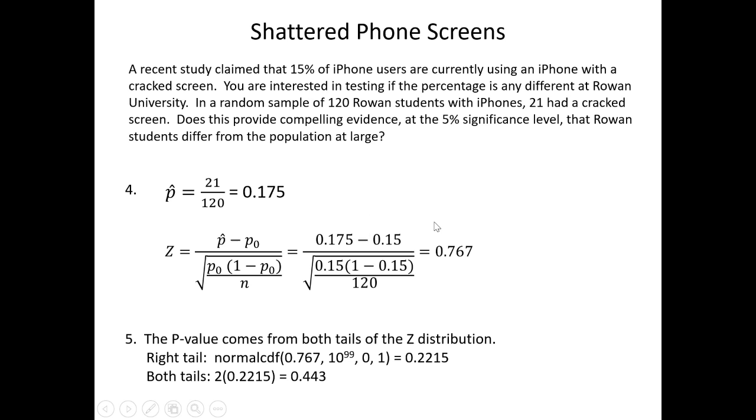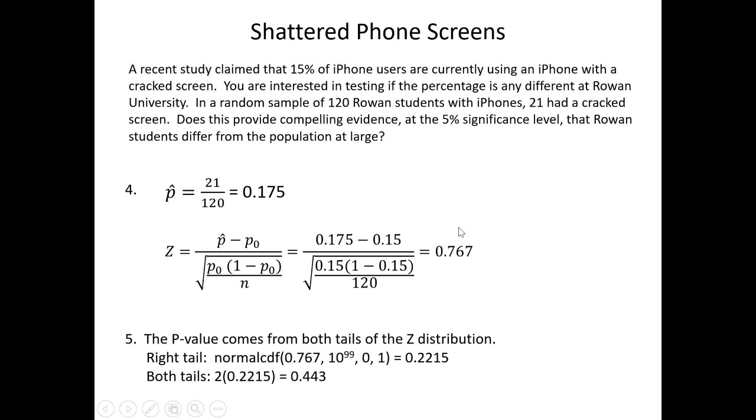Is it significantly higher? Well, for that, we need to incorporate the standard error to figure out. Okay, so substituting in the hypothesized proportion of 0.15 and our sample size, punch that all into your calculator, you should obtain about 0.767. So that's our Z statistic.